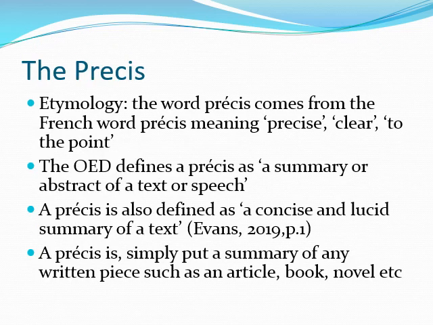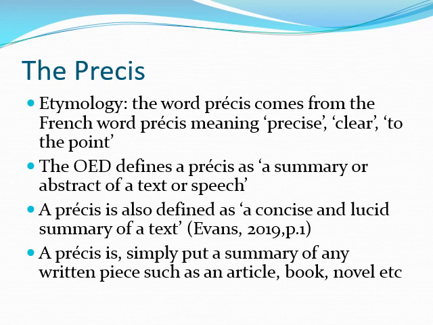Another form of summary is what we call the precis. Etymology, when we say etymology, we mean the origin of the word. Now the word precis comes from the French word précis, meaning something that is precise, clear, or to the point.